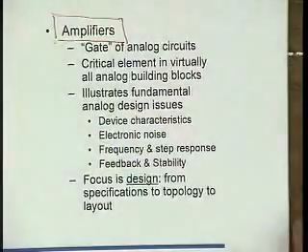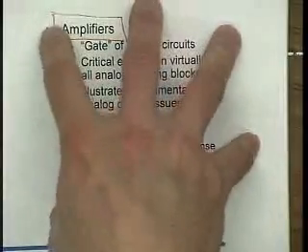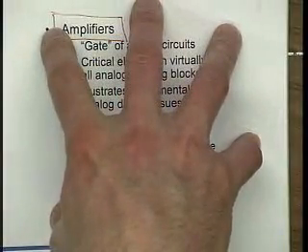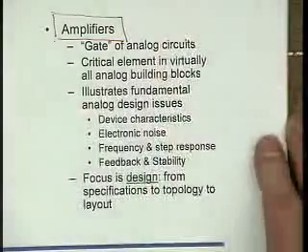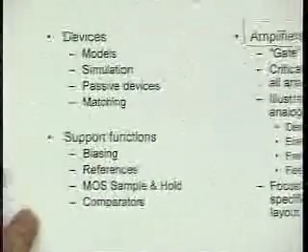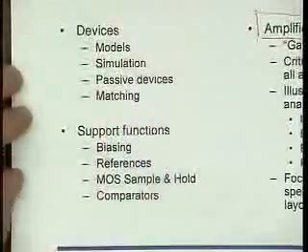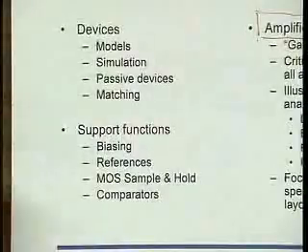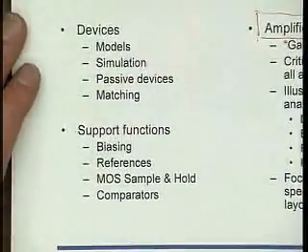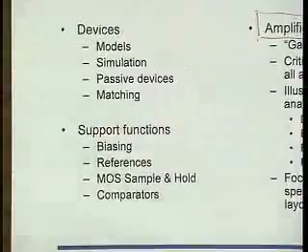Okay. So amplifiers are the core of the course, but then there is a bunch of stuff that goes around them, and we will talk about that also. I've already mentioned we will talk about devices, and we'll start with that topic today. And then there is lots of what I call here support functions. For example, we need to have biasing networks.